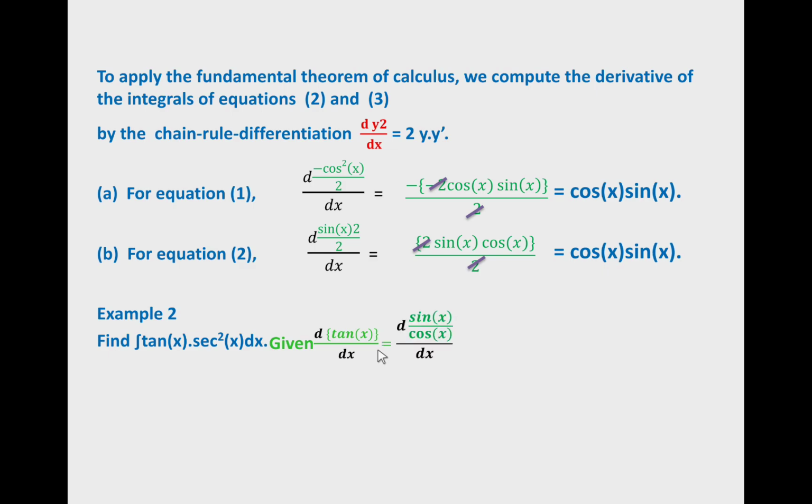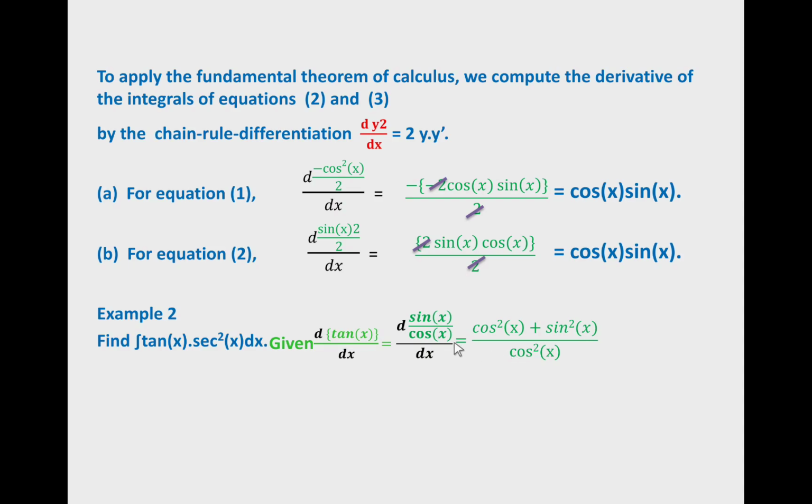Differentiating tan x is similar to differentiating sine x over cosine x, and for this one we use the quotient rule, since what we have over here is a quotient.